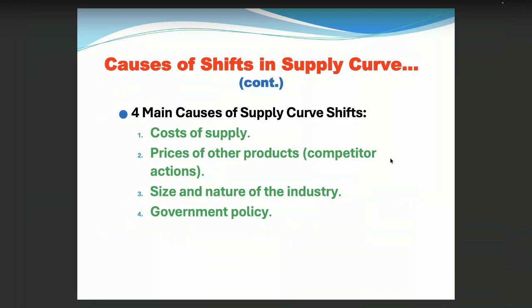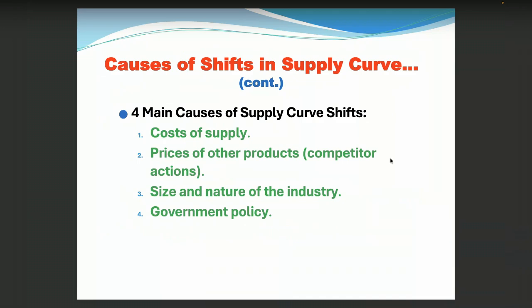Price of other products, like your competitors. If your competitors' prices go up too much, then the consumers from them will be coming to you, meaning now you will have to produce many more products in order to sustain all the new customers you took from your competitors.